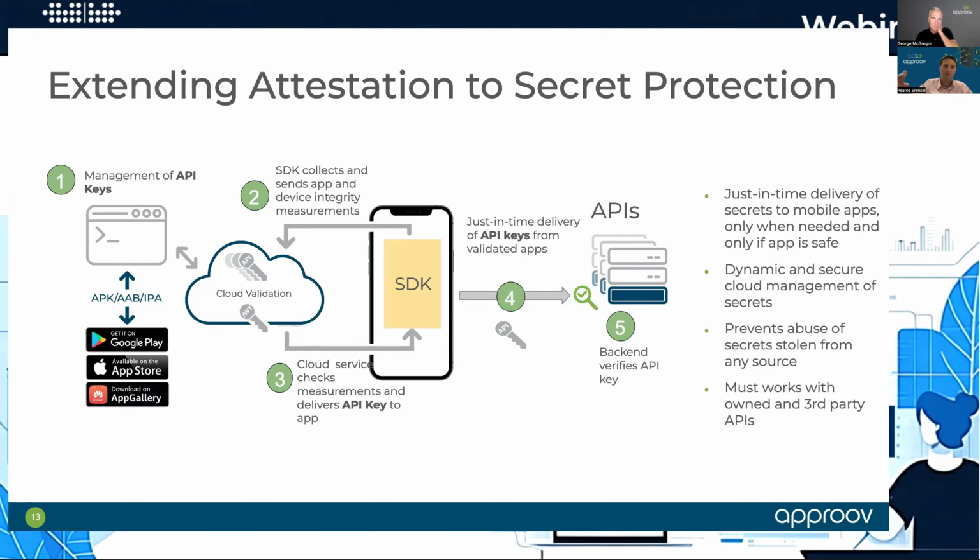You would run an attestation, you would verify that the device and the app can be trusted, and only then would you deliver an API key just in time of being used, only after the app and the environment are validated as safe. So at last, there is a solution for this OWASP requirement of not having secrets hard coded in your app. Right. And in fact, if you look on the approved website, you can see there's plenty of stuff about how you integrate with the secrets vault, for example, and how you make this really work end to end.